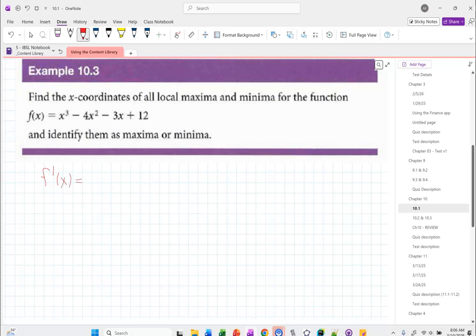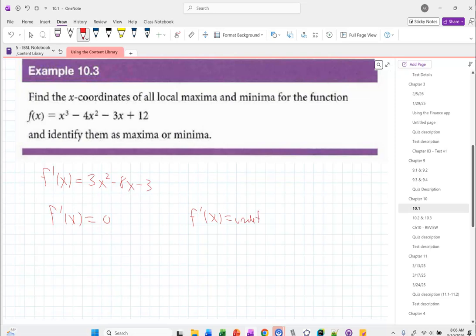What's the derivative of x cubed minus 4x squared minus 3x plus 12? 3x squared minus 8x minus 3. Good. Anybody with questions on how we did that? Okay. Then we take that first derivative. We set it equal to 0 or undefined.